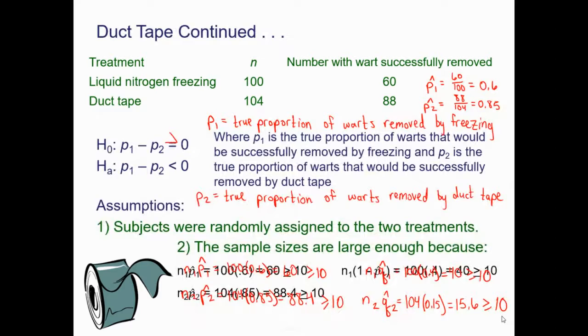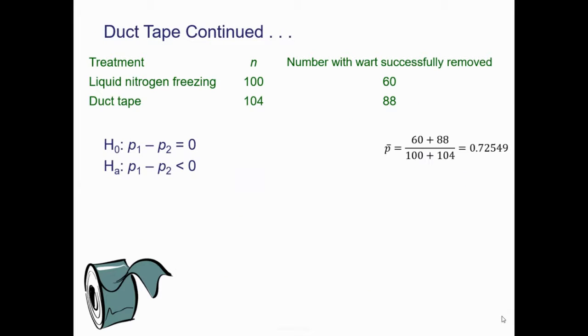Okay. Oh, wrong way. So we've got to get P bar. Because remember, we need P bar to do the standard deviation. So P bar, we do x1 plus x2 over n1 plus n2.